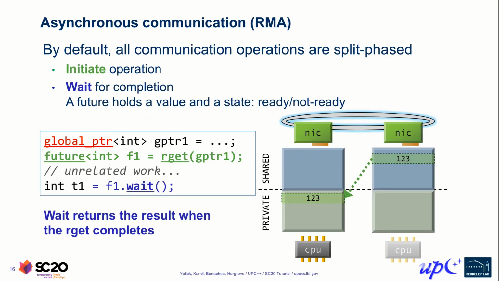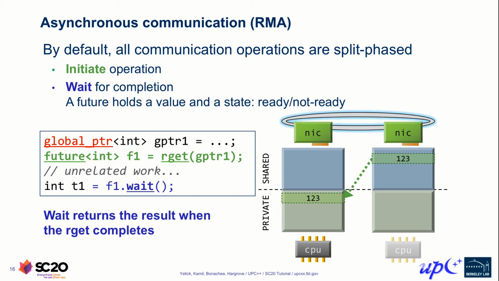Now let's look in a little bit more detail at what this RMA implementation looks like. By default, all of the communication operations in UPC++ are split phase, to try to ensure that you get maximum overlap of communication with either other communication events or with computation. So we initiate an operation and then wait for its completion.